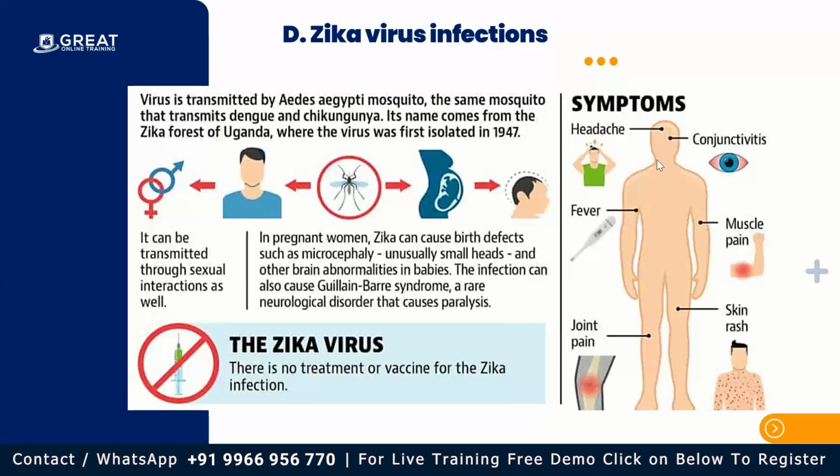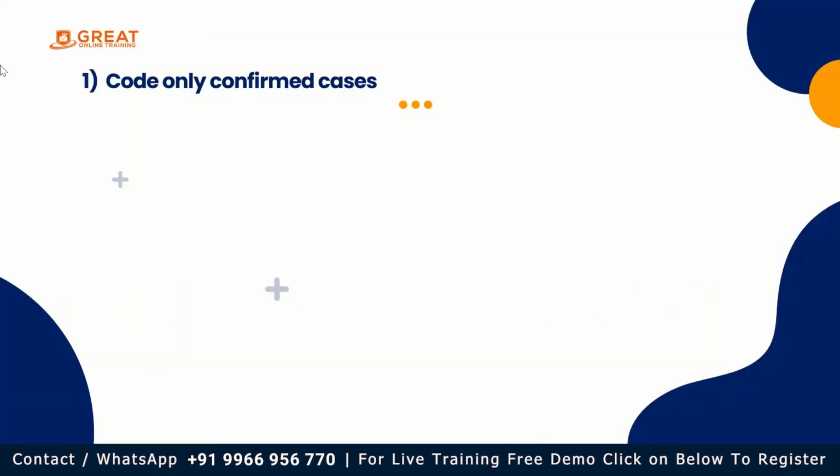Symptoms include headache, conjunctivitis, fever, muscle pain, skin rash. This is very important: Zika virus in pregnant women can cause a defect like microcephaly or Guillain-Barré syndrome. We'll get questions in the anatomy sections.